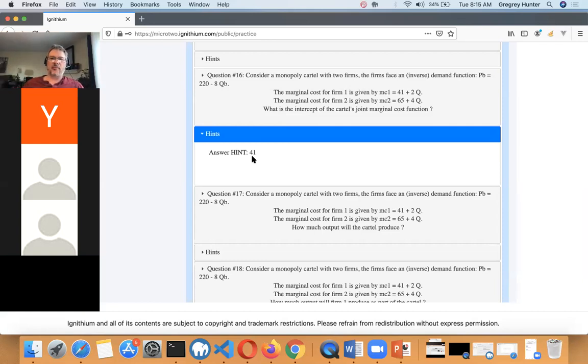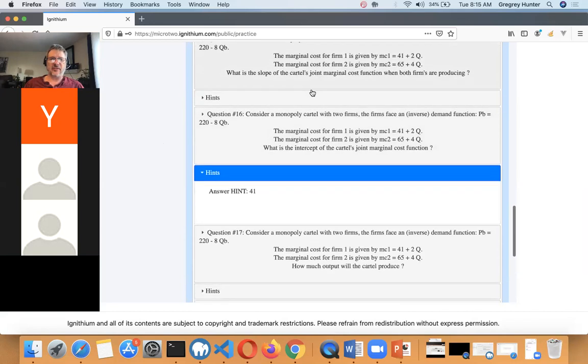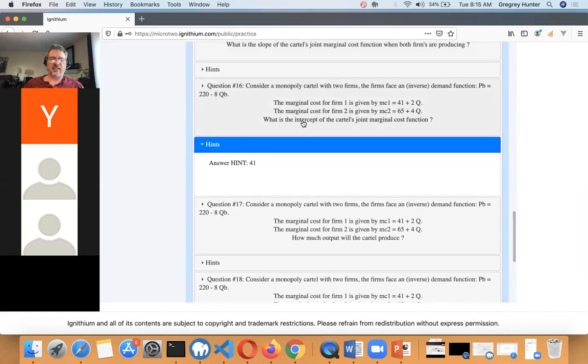So does anybody else have any other questions about either questions 15 or 16? What about you, Greg? Are you good? I'm not sure why we're using the lower and not the intercept of the joint.